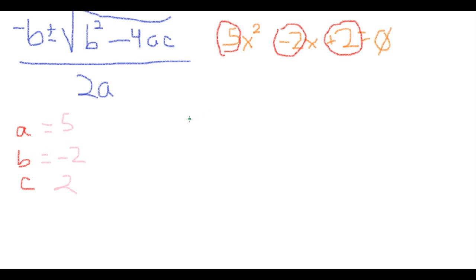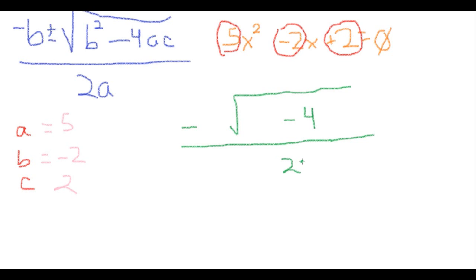Now let's plug this into the quadratic formula. So the quadratic formula is negative B, which we'll plug in just now, plus or minus the square root of b squared minus 4ac, over 2 times a. Let's plug in the rest of the numbers.